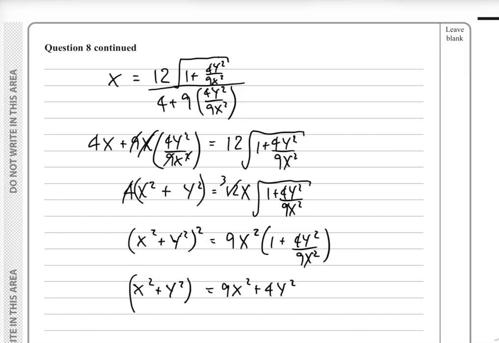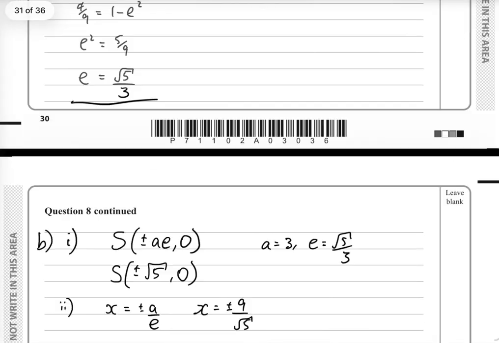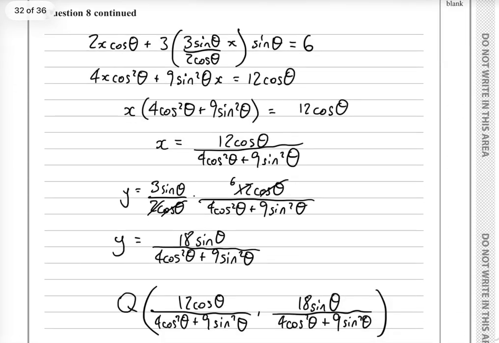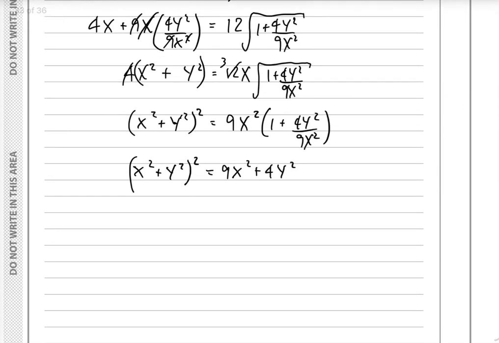And I think that matches all the way back. Yes. So alpha and beta are 9 and 4. And that finishes off the paper. Although I feel like those last 3 marks were very hard earned. If you got that one, very well done. I hope that has been of some help for you.